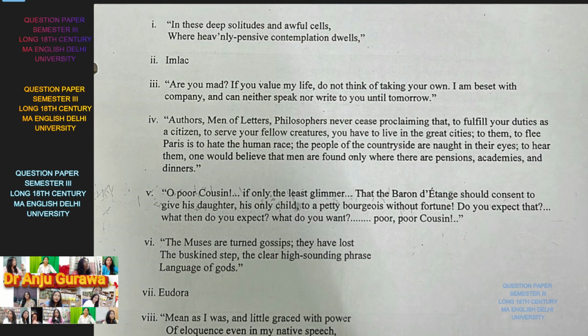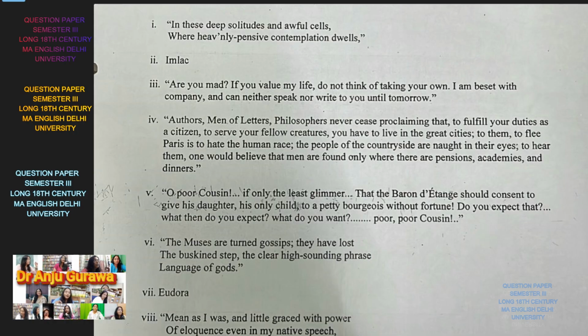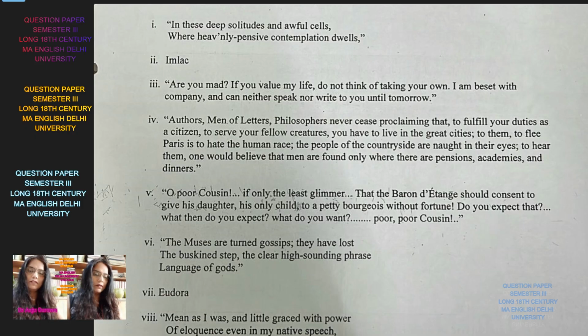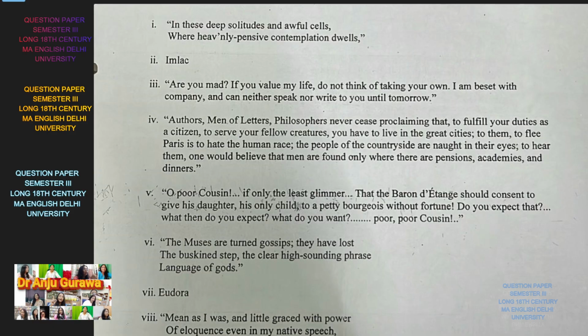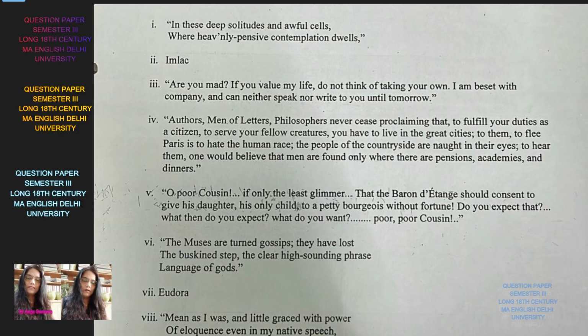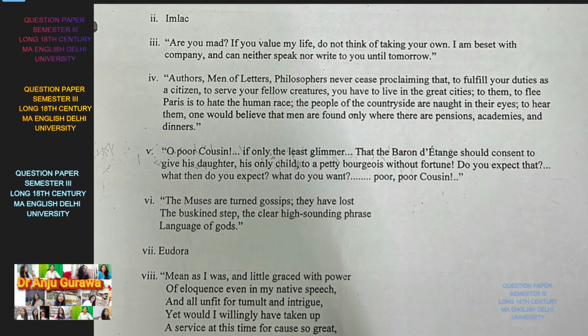Authors, men of letters, philosophers, never cease proclaiming that to fulfill your duties as a citizen, to serve your fellow creatures, you have to live in the great cities, to them to flee. Paris is the hate of the human race. The people of the countryside are not in their eyes. To hear them, one would believe that men are found only where there are pensions, academies, and dinners.